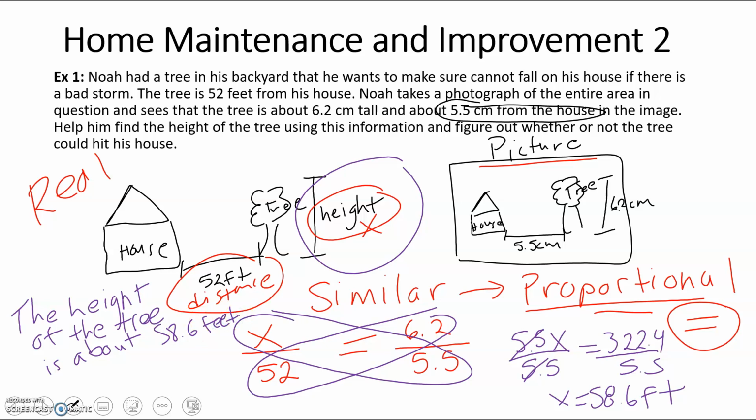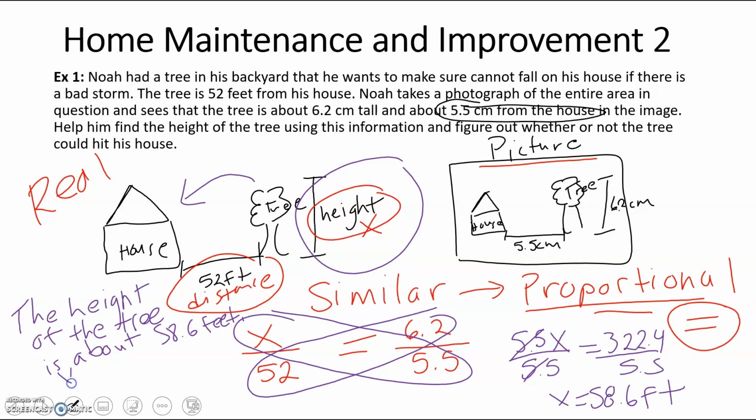Now the question is, can this tree hit his house? Well, if the tree were to fall towards the house, knowing that the height of the tree is greater than the distance from the house, we know it could, in fact, hit his house.